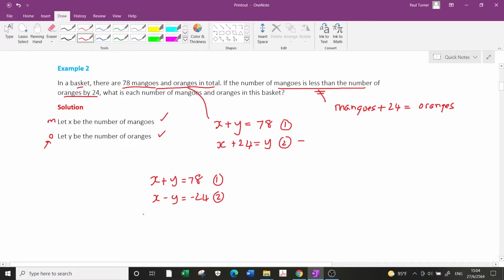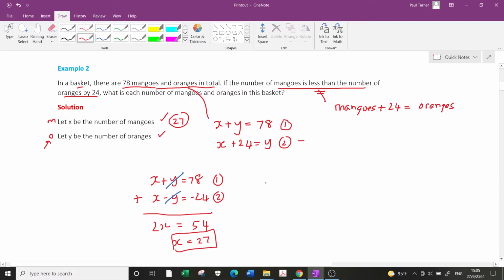So in this case, we can add our two equations. We'll have x plus x, which is 2x. And you can see your y minus y will cancel to be 0. And 78 minus 24 is 54. So x in this case will be 27. So that's the number of mangoes, 27.